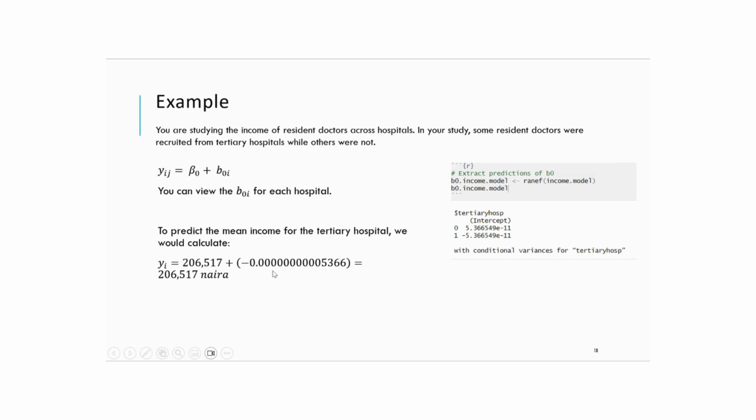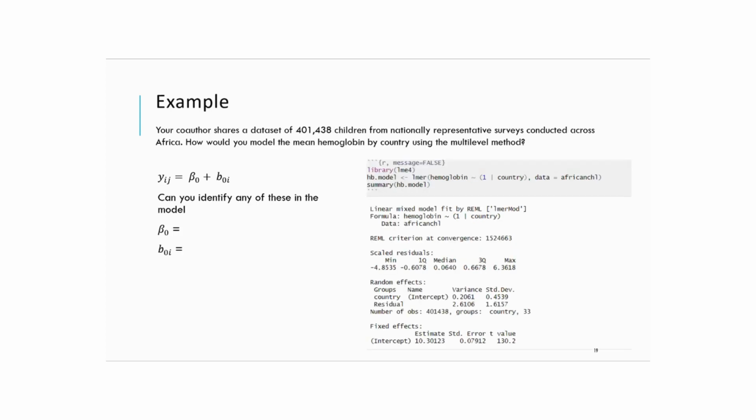And look at that number here. This is what it looks like in real life. So if you were a resident working in a tertiary hospital, you would earn a very small fraction of a dollar less. So there's really no difference, at least economically, between working in a tertiary hospital or not.